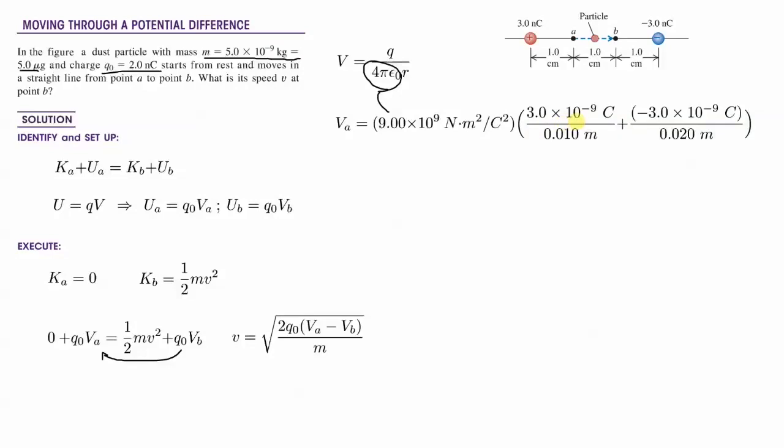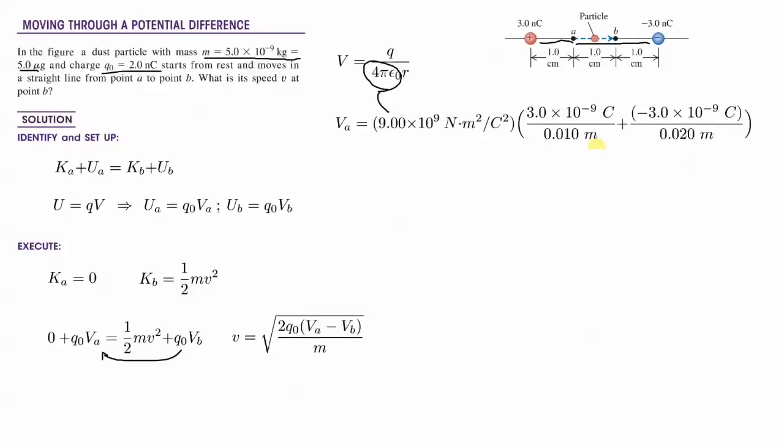And then we get 3.0 times 10 to the negative 9 coulombs over 0.01 meters plus negative 3.0 times 10 to the negative 9 coulombs over 0.02 meters. So then what we're doing here is at point A, we're figuring out the potential caused by the 3 nanocoulomb charge, and then figuring out the potential caused by the negative 3 nanocoulomb charge, and then adding them together.